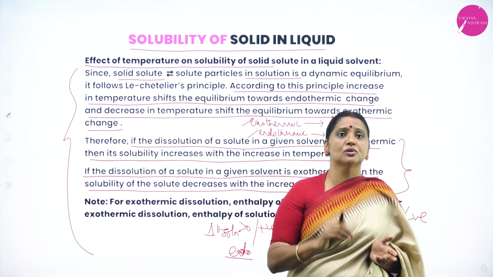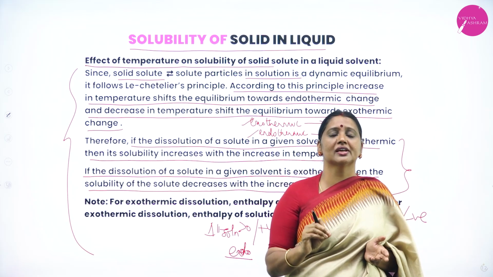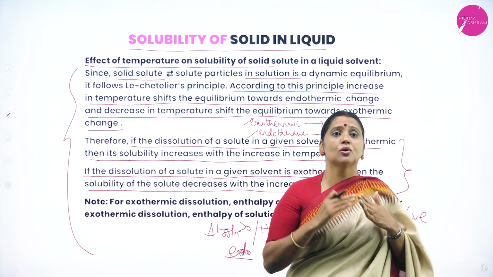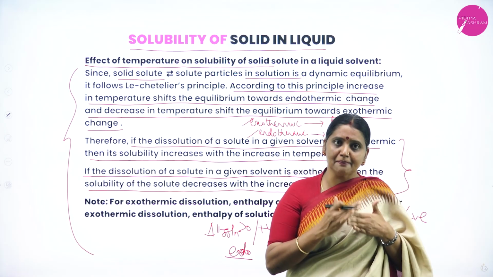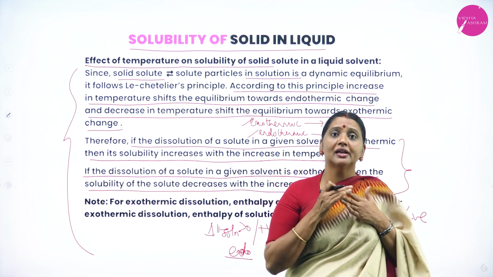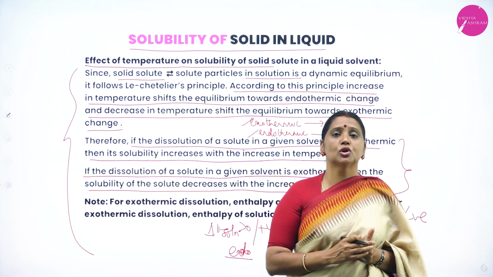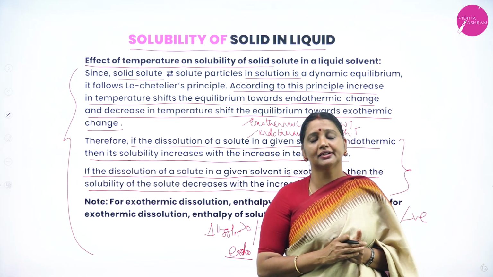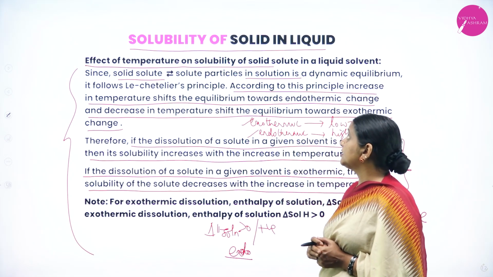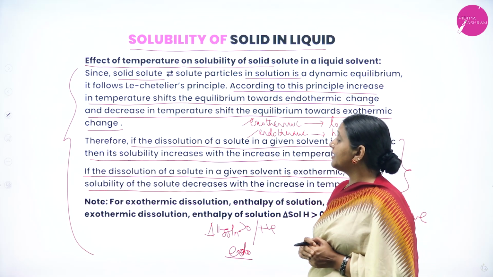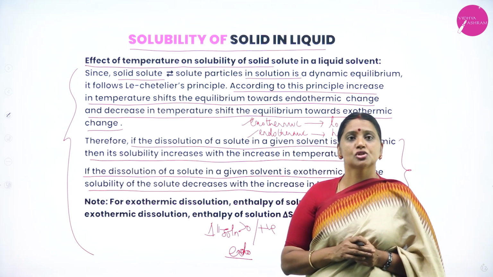If it is greater than 0, it is endothermic. Exothermic reactions are favored at low temperature, endothermic reactions are favored at high temperature. So this is how temperature influences the solubility of solid in liquid.